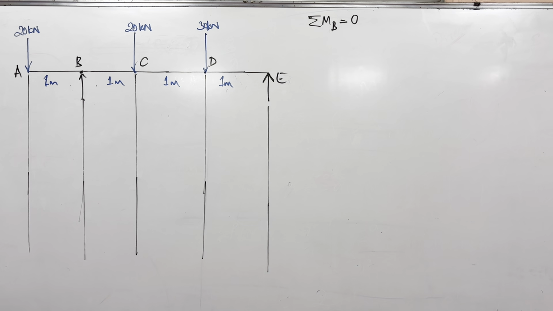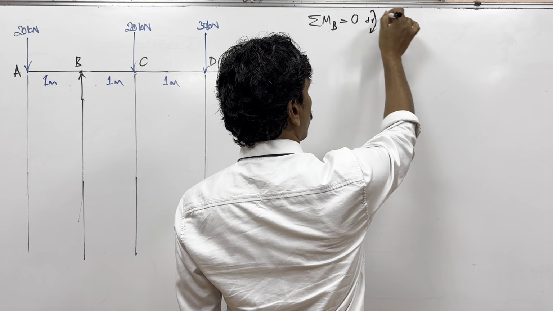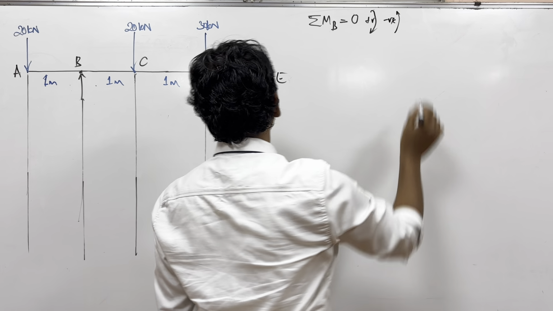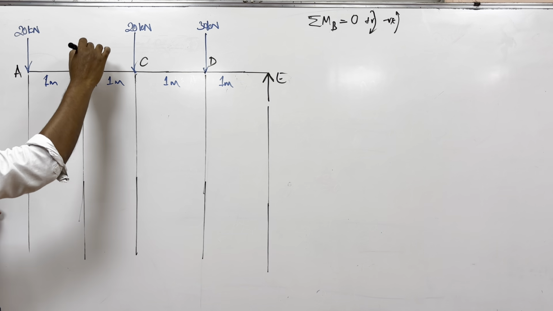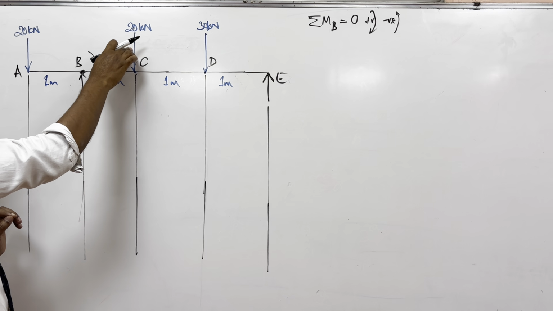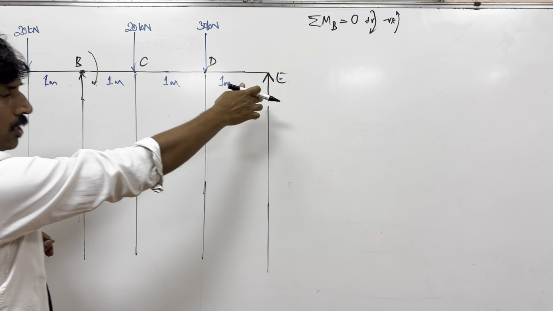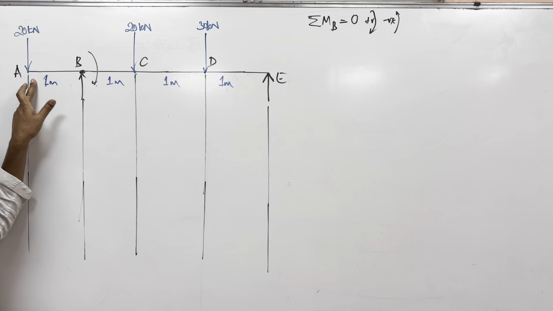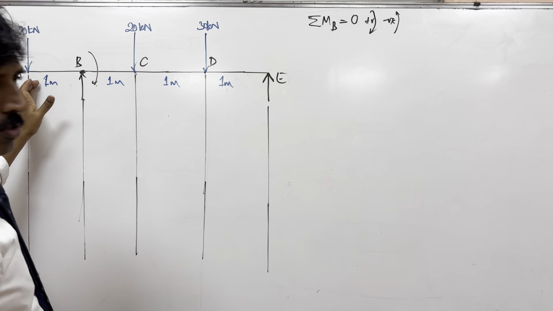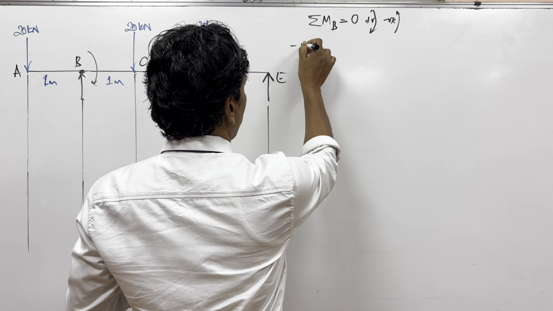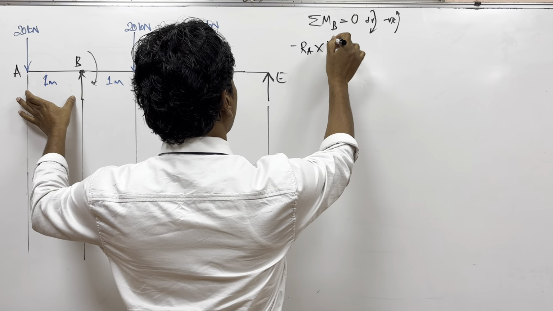Let us take all the moments which are trying to make this clockwise as positive, anti-clockwise as negative. So about B, you know which are positive and which are negative. Start from this: RA minus RA into how much distance from B? 1 meter.